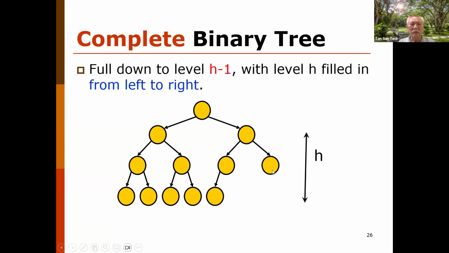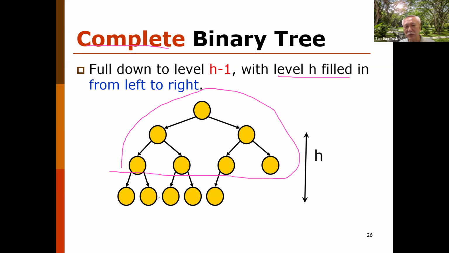What about a complete binary tree? A full binary tree must be totally full. But for a complete binary tree, the definition is this: it is full down to level h minus 1, and then at level h, you fill the nodes from left to right.